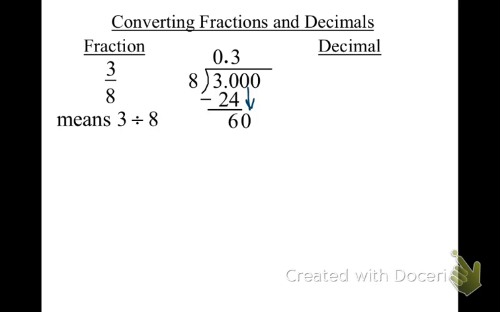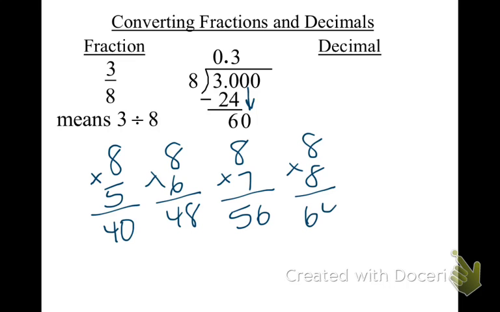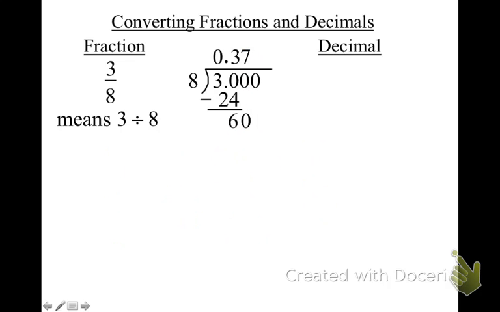So let's see. 8 times 5 gives me 40. 8 times 6 gives me 48. 8 times 7, 56. 8 times 8, 64. So it looks like 8 times 7 is our winner. So I put my 7. 8 times 7 is 56. I subtract. I'm going to get 4.